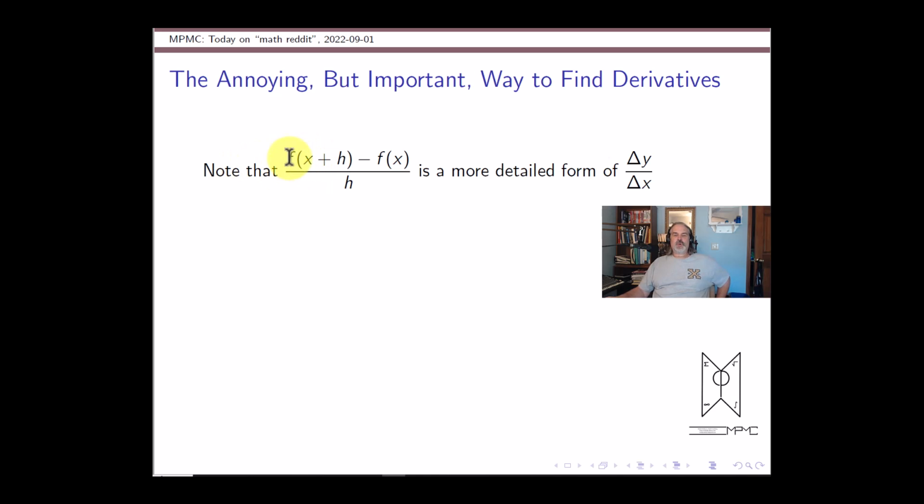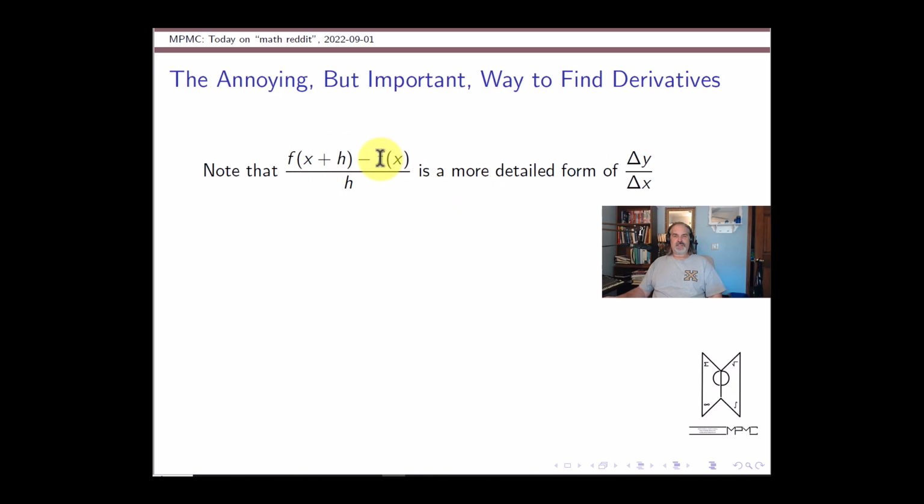Okay, so this expression, f of x plus h minus f of x over h, is just a more detailed form of something that looks like delta y over delta x, right? When we take x values and plug them into a function, we get the corresponding y value that would go on the graph at the point x, y for this function.